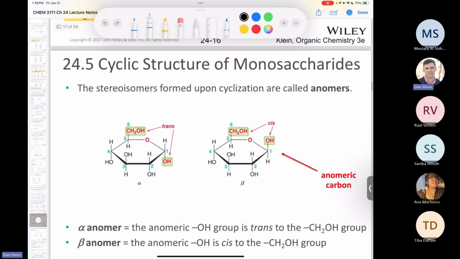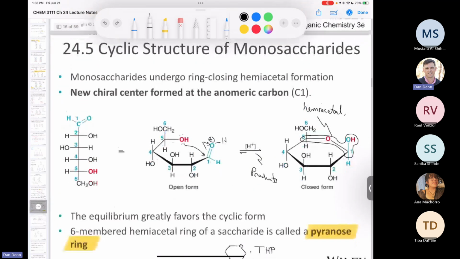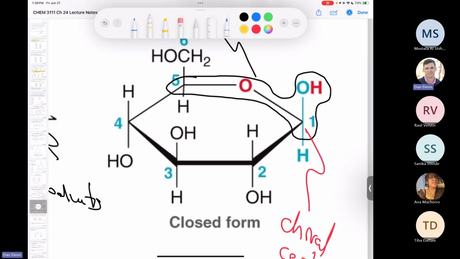Anyhow, I digress. Now, it turns out that when you cyclize to make that hemiacetal, you end up with a new chiral center. So check this out. This is actually a chiral center, where my little arrow is pointing towards carbon number 1. Check it out. Look, it's attached to a hydrogen. It's attached to a hydroxyl group. It's attached to an oxygen, and it's attached to this carbon down here.